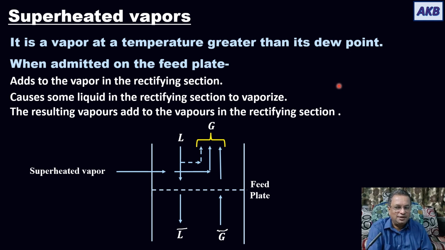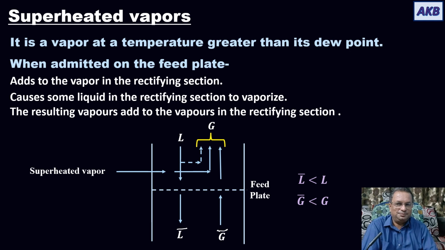In this case, L bar will be less than L, because some portion of the liquid is vaporized, whereas G bar will be less than G, or in other words, G will be greater than G bar. Okay. So this is what happens on the feed plate if superheated vapor is admitted as feed.